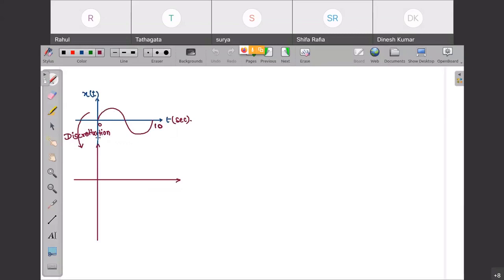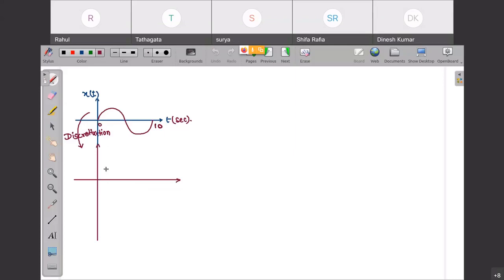Now, discretization means basically that I want to take specific samples of time. I don't want the signal to be defined at every instant of time.